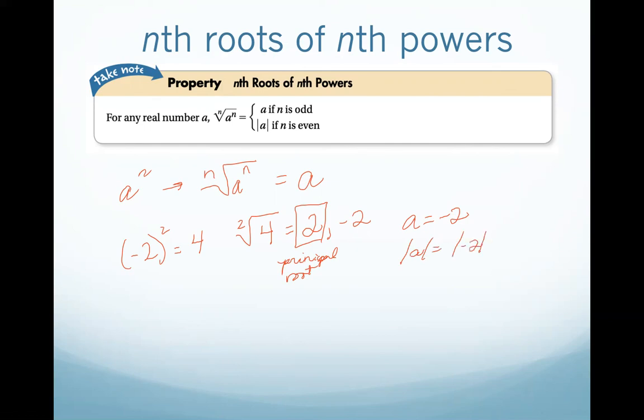So what does this mean? This means whenever my base is negative, if I take the square root of negative 2 squared, and remember, I don't have to write that 2 as the index, this is going to be the absolute value of negative 2, which is 2. How does that change if my base, instead of being negative, is positive?